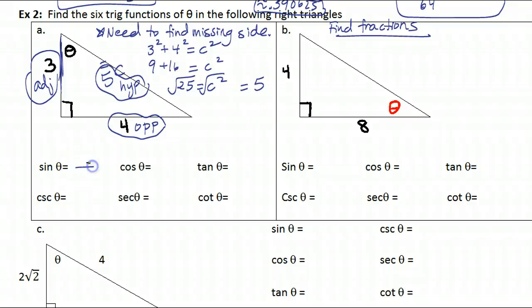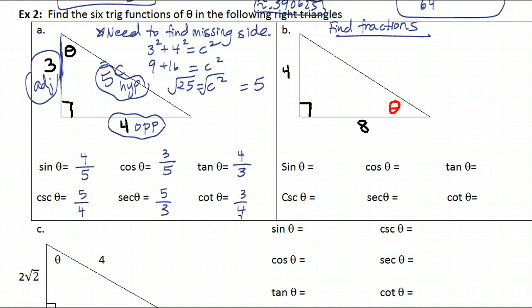So I'm literally just going to say 4 over 5. And then cosecant is the flip of it. All right, and then cosine is adjacent over hypotenuse. Adjacent is 3, hypotenuse is 5. Find the reciprocal for secant, so secant is 5/3. And then tangent is opposite over adjacent, which would be 4 for opposite, 3 for adjacent. Finding the cotangent would be 3/4.